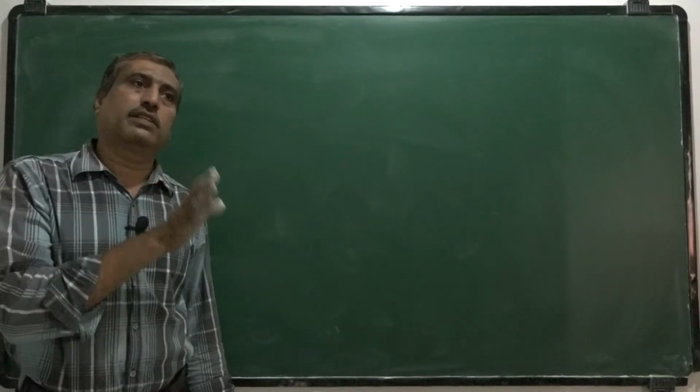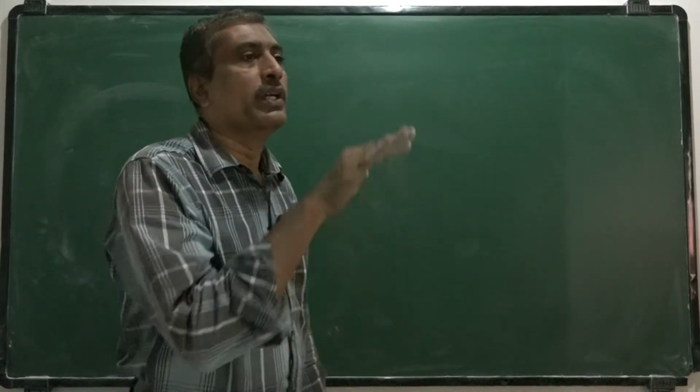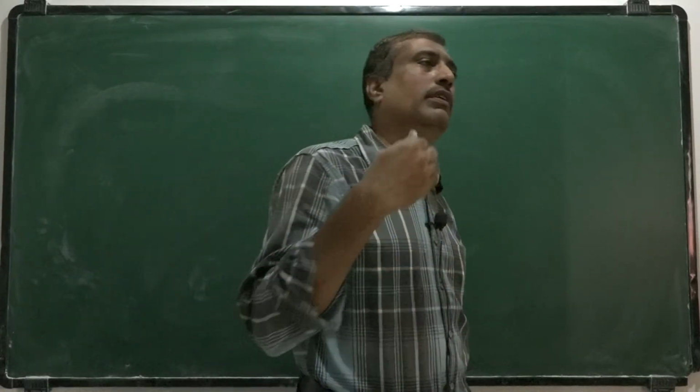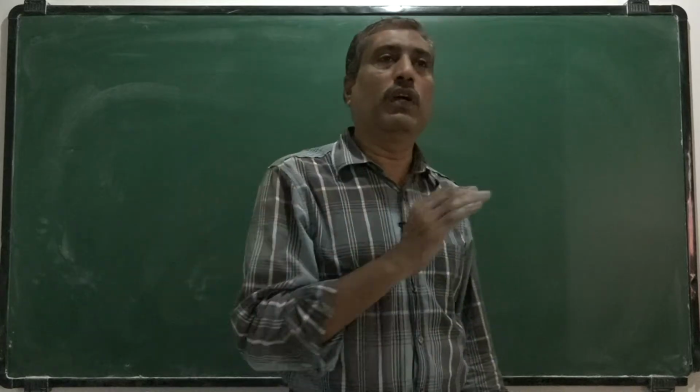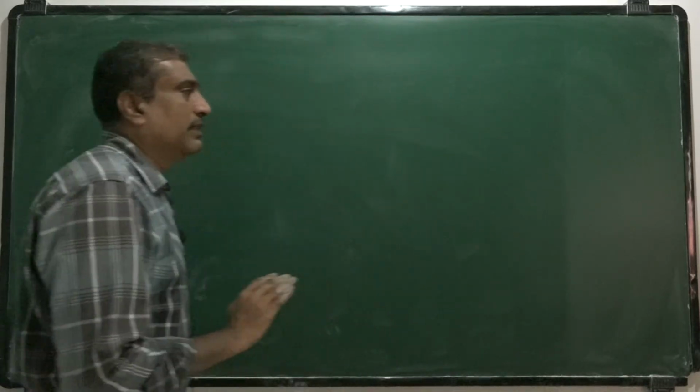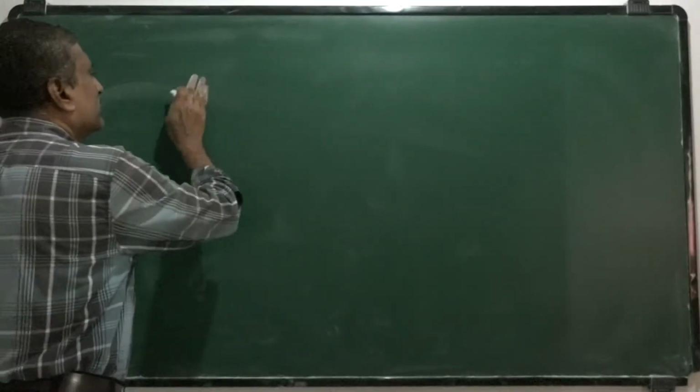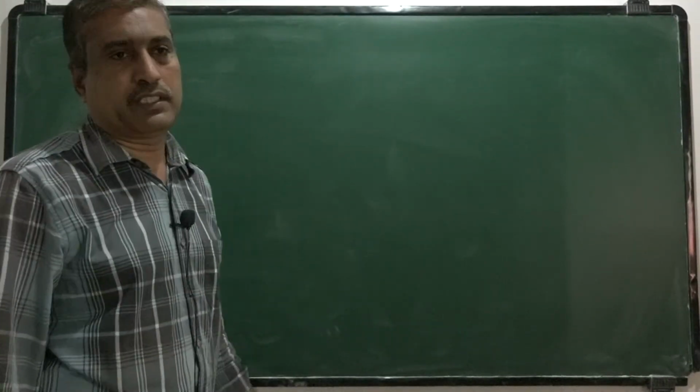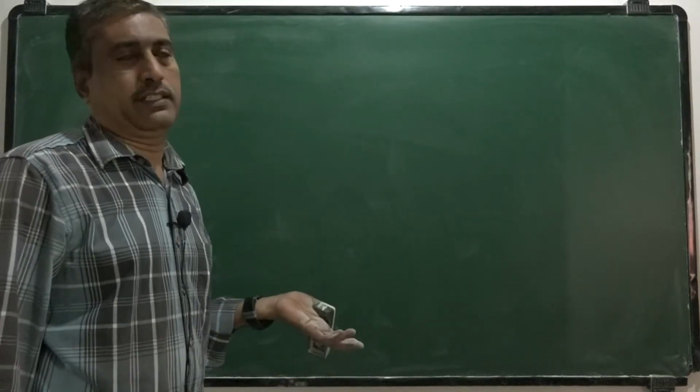A filter is a circuit or device used to reduce or remove the ripples present in the output given by the rectifier. Usually we use a shunt capacitor filter or a series inductor filter.